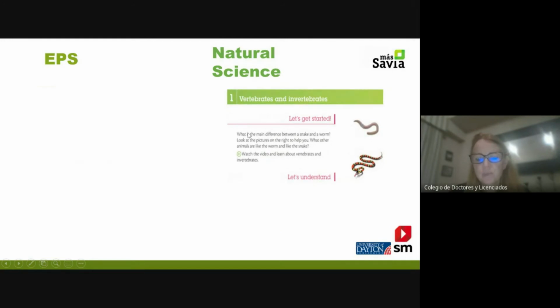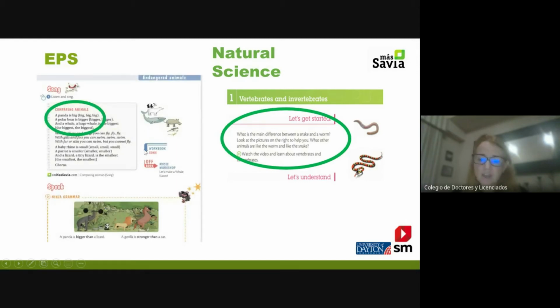Imagine we're doing vertebrates and invertebrates, and this is the question. What is the main difference between a snake and a worm? So the structure that I need there is going to be comparative. A snake is longer than a worm. A worm is slower than a snake, for example. So again, in English, that English teacher needs to know that they need to be working on comparing.